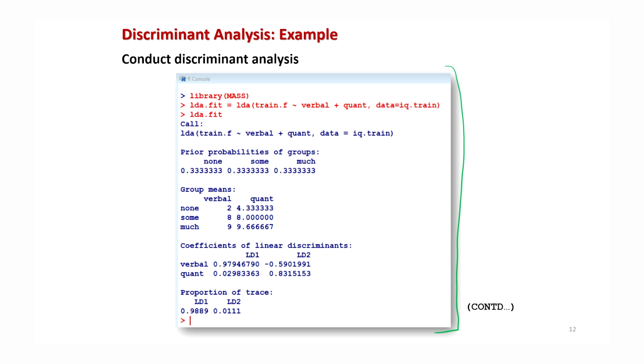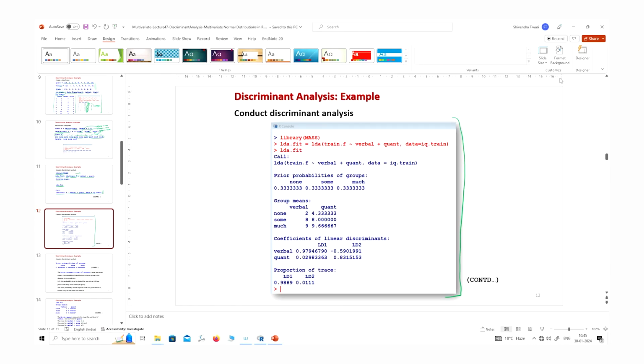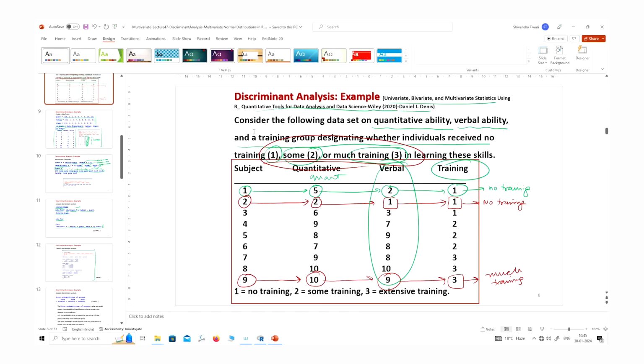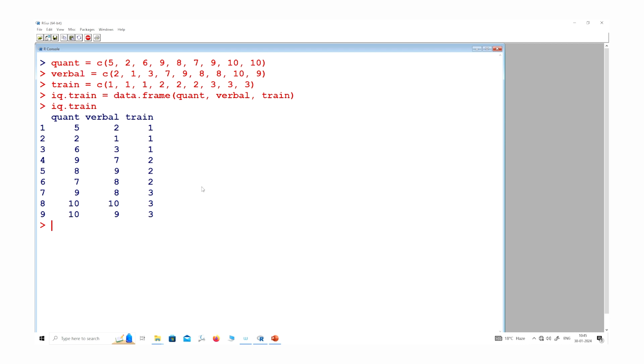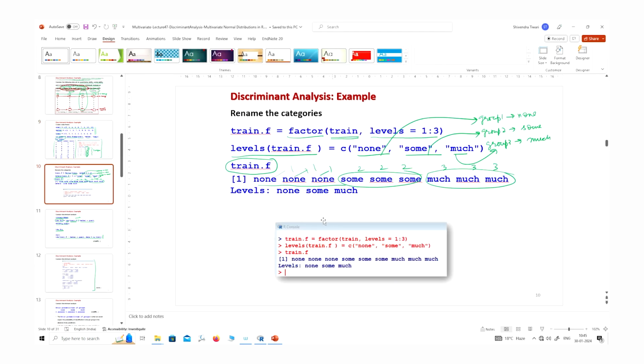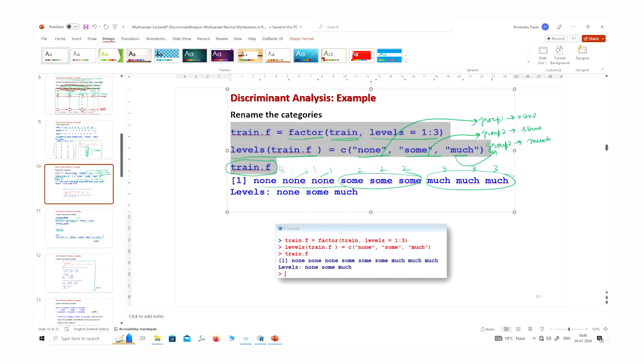What I can do first is show you these things so that you are confident that whatever I am explaining is correct, and then after that I will take them one by one. You can see first I create this data frame, iq.train, and then I create these factors.